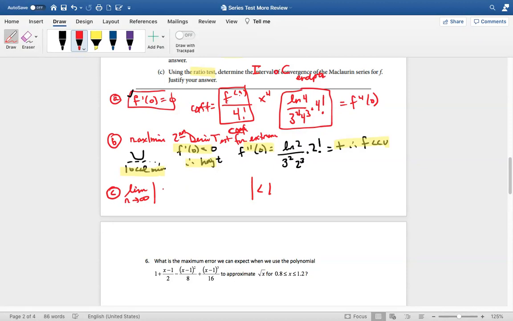So what do I have? I have ln(n+1) and 3 to the n+1, (n+1) to the third, and then x to the n+1 times the reciprocal.